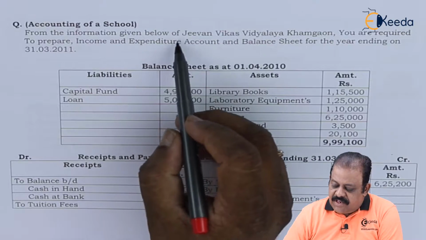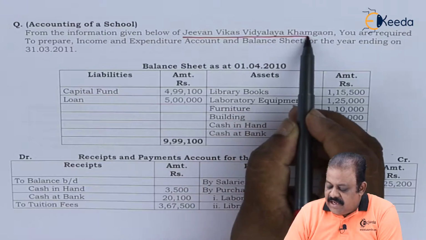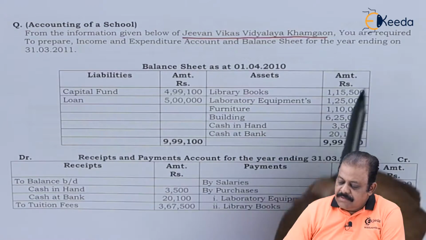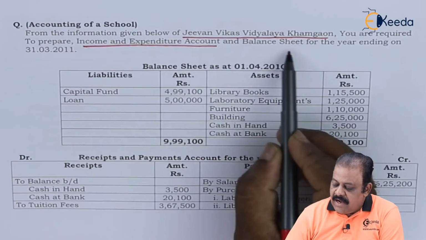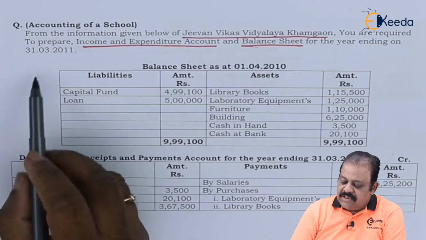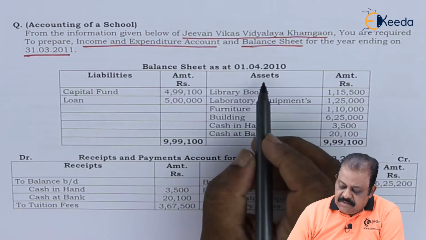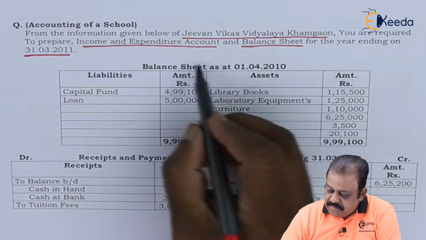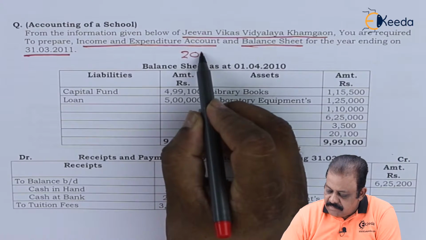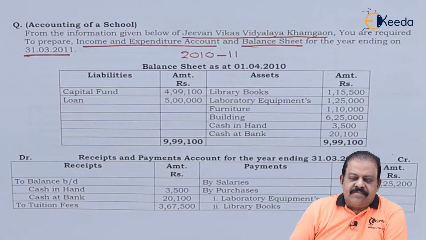From the information given below of Jeevan Vikas Vidyalaya Khamgaon, you are required to prepare income and expenditure account and balance sheet for the year ended 31st March 2011. Here, the current year is 2011.